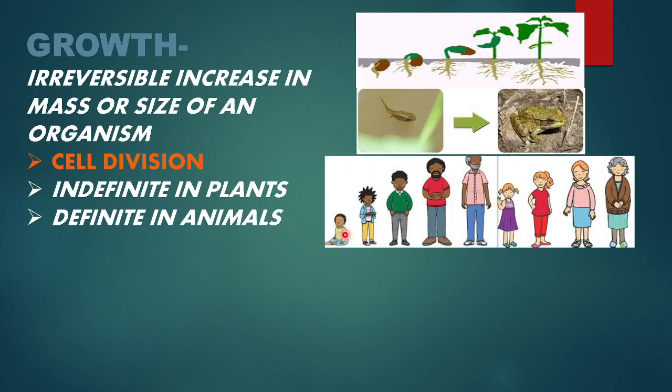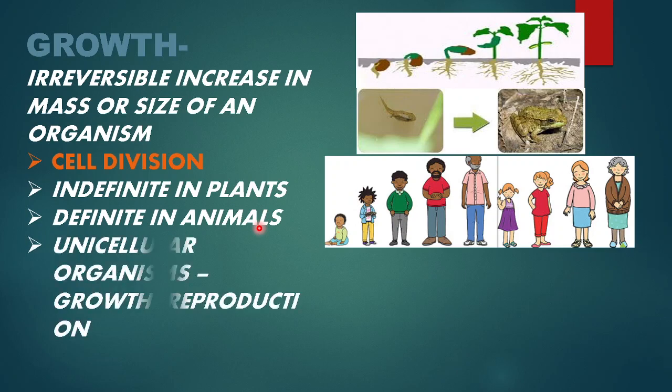In humans too, from an infant, a kid, then gradually the person grows adult, old, and then dies. But it does not keep on growing indefinitely. This is the aging process. After attaining a certain size, usually the growth does not keep on increasing indefinitely. So that is why we say that in animals the growth is definite.